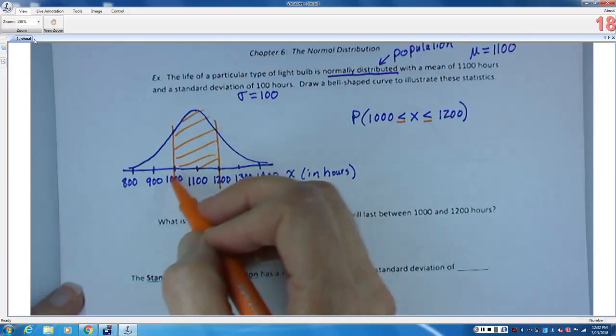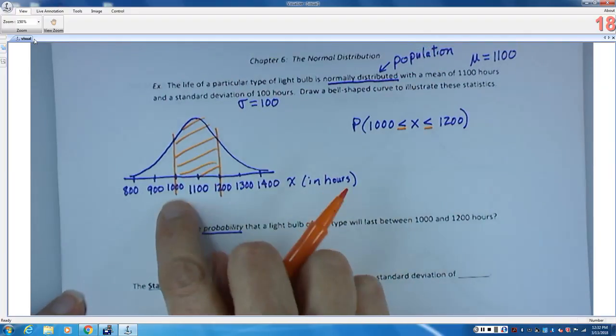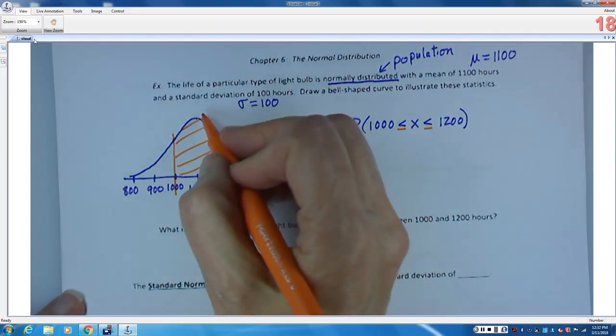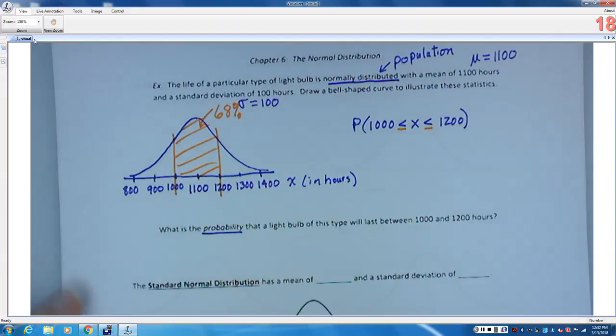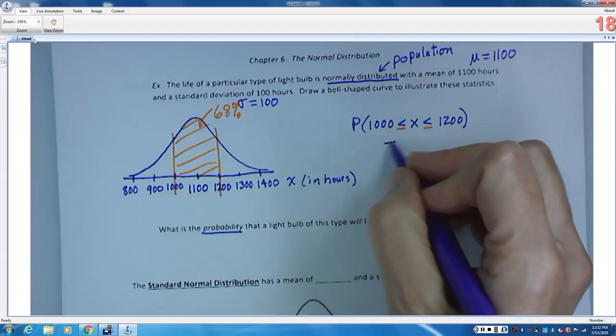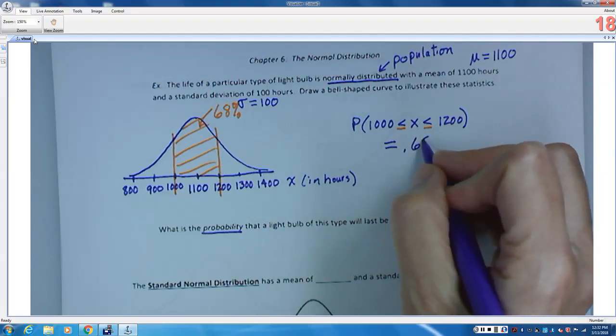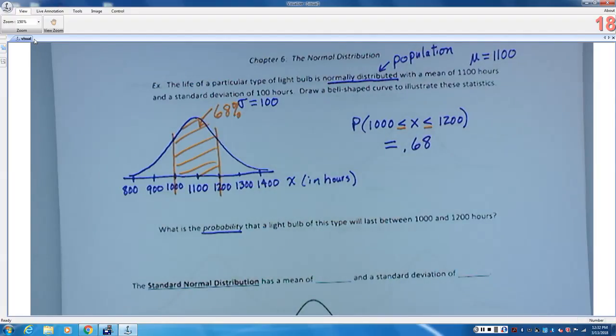But this is by the empirical rule between 1,000 and 1,200 is 68%. And we change that to decimal. So we find, using the empirical rule, that this is approximately 0.68. Okay, so that's the probability.